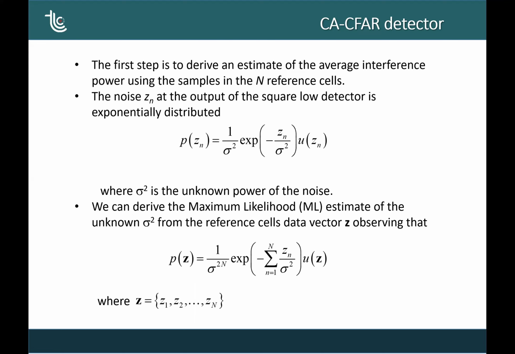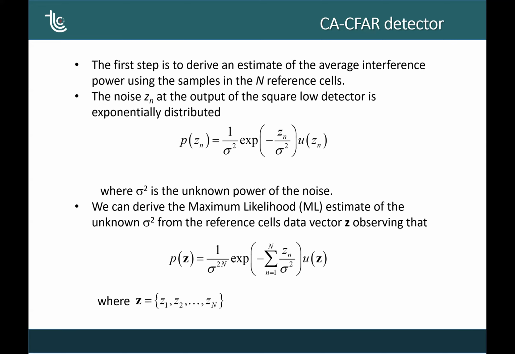Now, the first step is to derive an estimate of the power, that is the average of the interference, using the N reference cells. Without going into many details, the amplitude square of the noise is exponentially distributed, and this is the distribution.